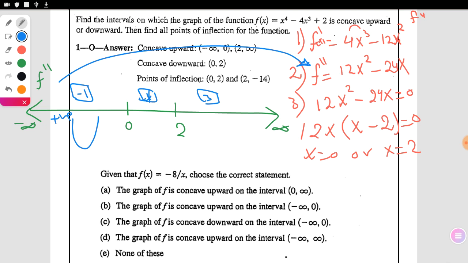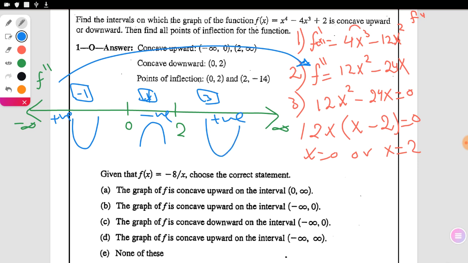By 1, it will be negative. Negative second derivative means concave down. By 3, I solve it mentally, it will be positive, second derivative positive, so the function is concave upward.